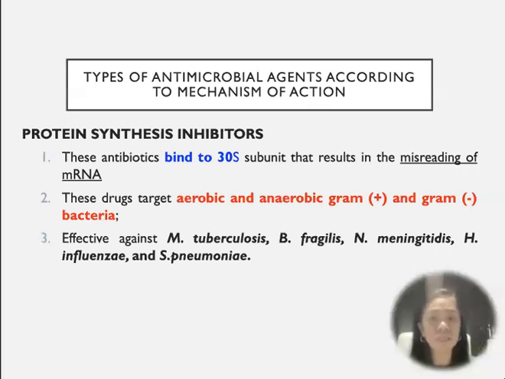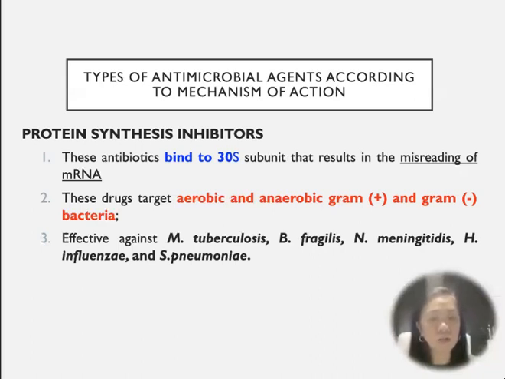This would result in the misreading of mRNA. The small subunit cannot work properly. So the protein synthesis inhibitor attaches, and it misreads our codons, which should code for amino acids. And amino acids, when compiled together, make up the protein. So if the codons are misread, of course the protein produced will also be wrong.